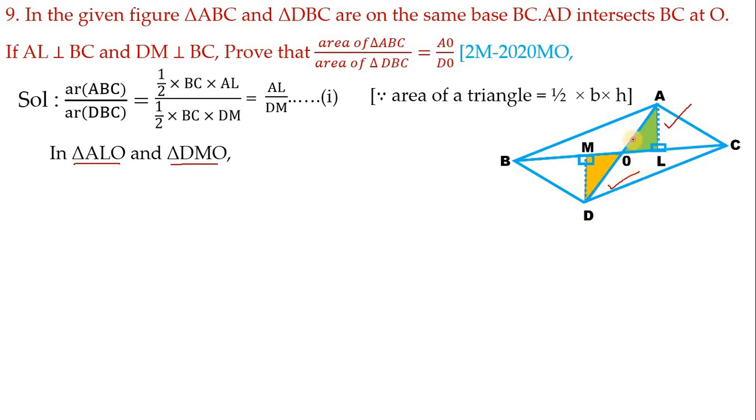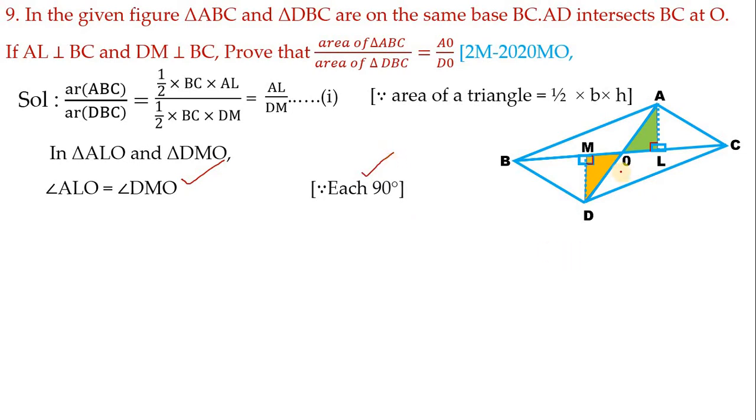Now let us compare these two triangles and show these two triangles are similar. It's very easy to see this angle. This angle is equal to this angle, because both are equal to 90 degree. Angle ALO equals angle DMO equals 90 degree.